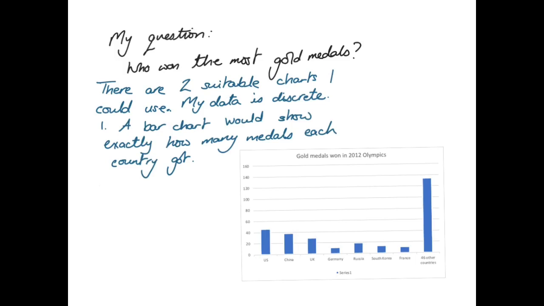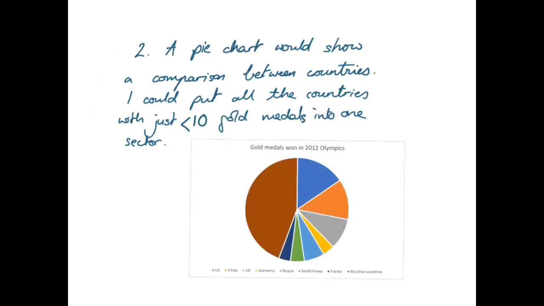The reason the scale is so big is because of this final column on the right hand side here, which is how many medals were won by 46 of the other countries. So it didn't look quite as good as I wanted, but I wasn't sure how to deal with all those countries who won less than 10 medals.